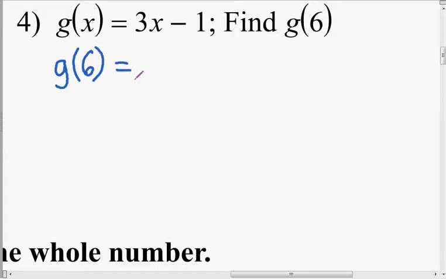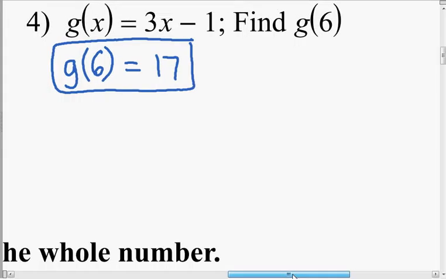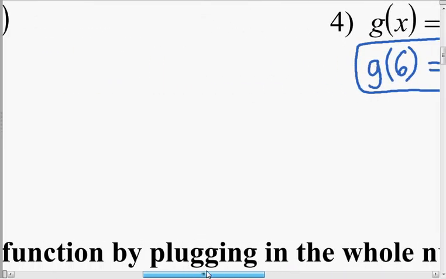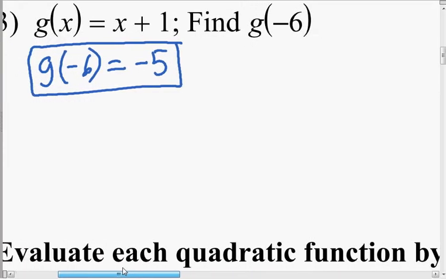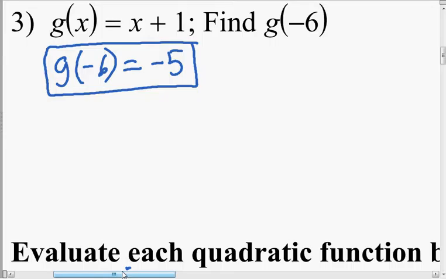I take 3 times 6 minus 1. 18 minus 1 is 17. If you weren't able to get that, watch the first part of the video again and see if you can figure out what you did wrong. Otherwise, let's move on to the second one.